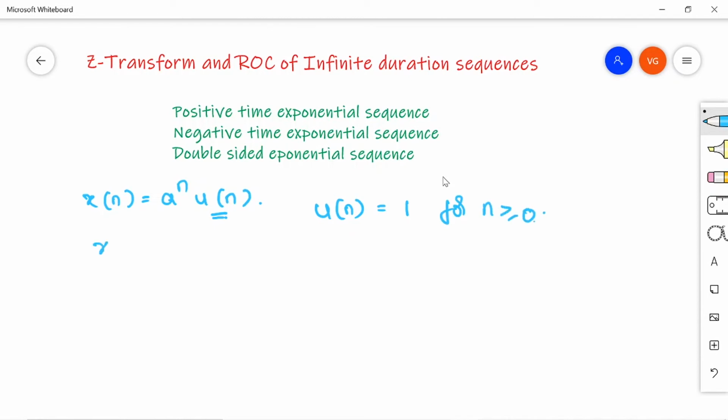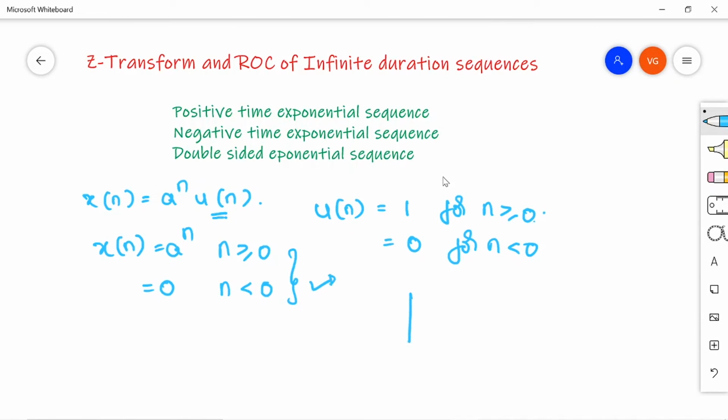So that means x of n is equal to a power n for n greater than or equal to 0, and it is equal to 0 for n less than 0. So x of n is equal to 0 for n less than 0. This clearly says the signal exists only for n greater than or equal to 0, meaning on the positive side of the scale. So that's why this is called a positive time sequence.